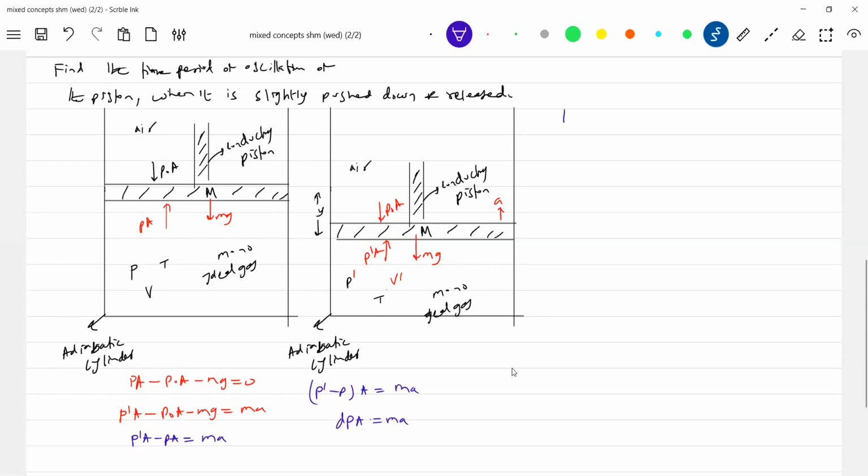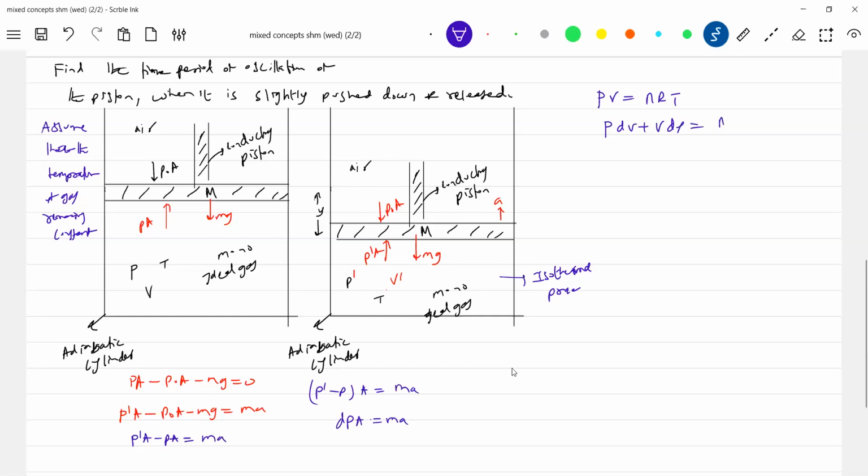Let me get into what process the gas will undergo. Isothermal process. Time period of oscillation of the piston when it's slightly pushed down and released. Assume that the temperature of the gas remains constant. In an isothermal process, we have some basic picture: PV equals nRT, so P dV plus V dP equals nR dT.